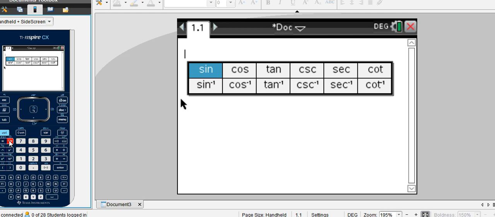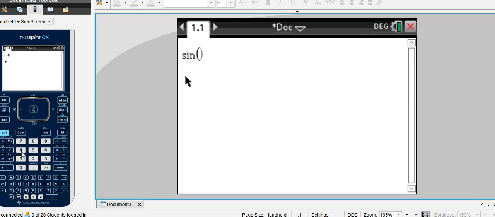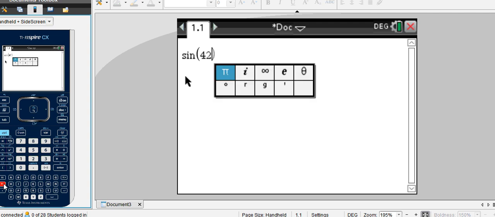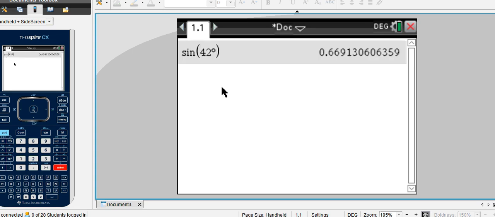So to find the sine of 42 degrees, I'm going to type in sine of 42, and then the degree button is right down here in the bottom left hand corner by pi. So there's my sine of 42 degrees. And I want to round to the nearest 10,000th, so 4 decimal places, or 0.6691.